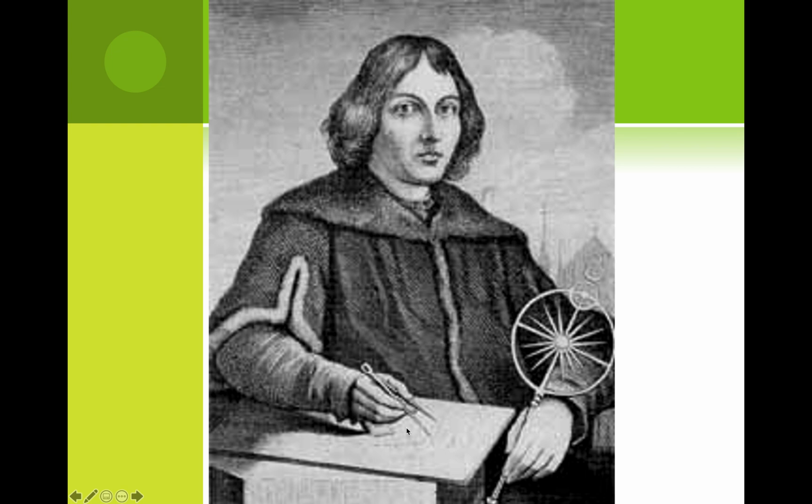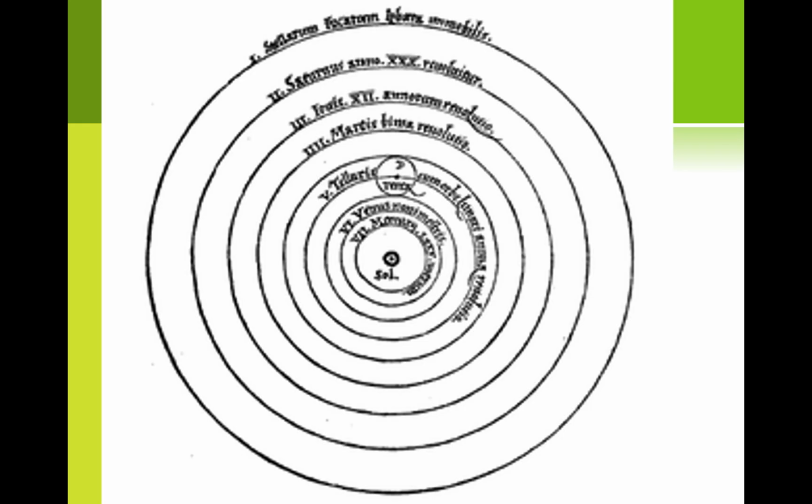He's also holding a pair of compasses in his hand, which are used to draw perfect circles, indicating that he believed that the path of every planet around the sun was a circle, which was pretty much the one thing he got wrong.